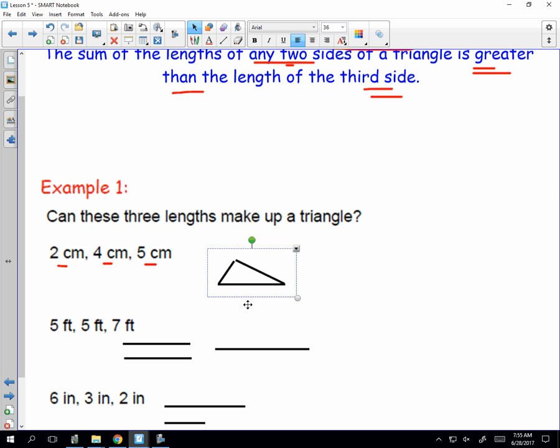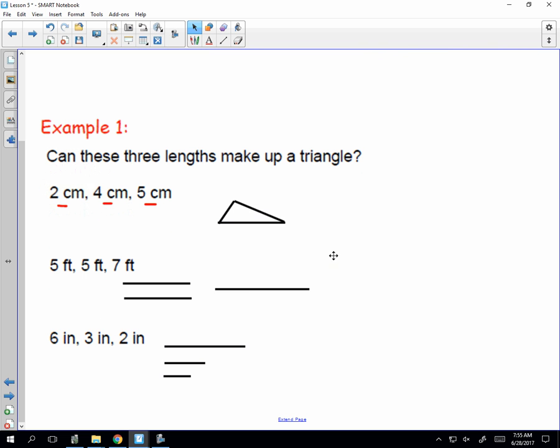I need this one. Let's pull that. There we go. There's the one I need. Bring it down just a little bit more, so then we can connect the pieces, and we made a triangle.